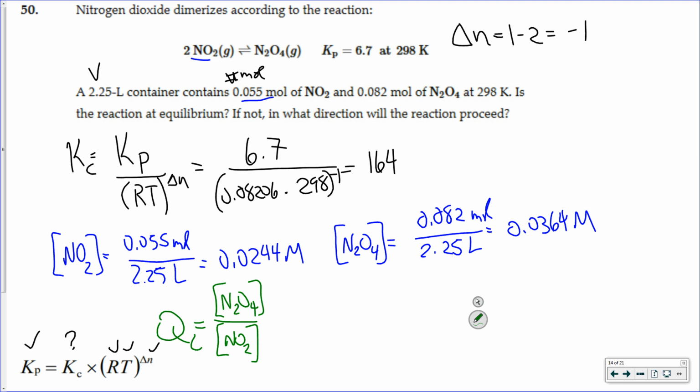And because of the 2, got to square that one. And I get Q is 61.2.